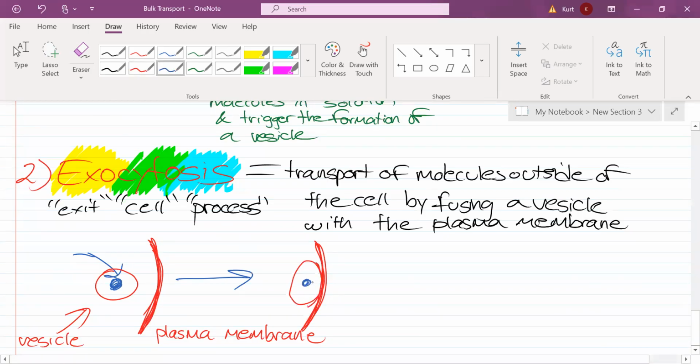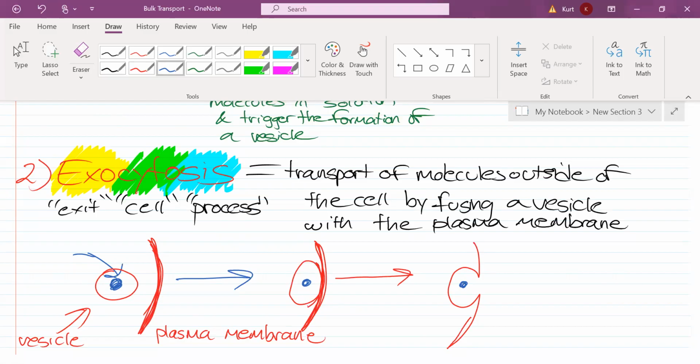So this vesicle is going to fuse with the membrane, very similar to how it's going to be the reverse of endocytosis. Why is the vesicle able to fuse with the membrane so fluidly? Is this only happening with non-polar molecules? No, it's happening with very large molecules.